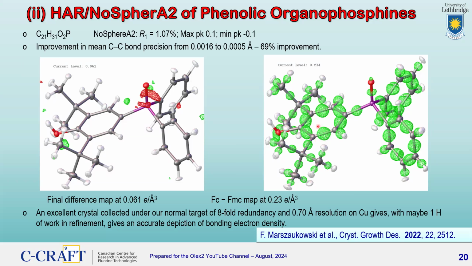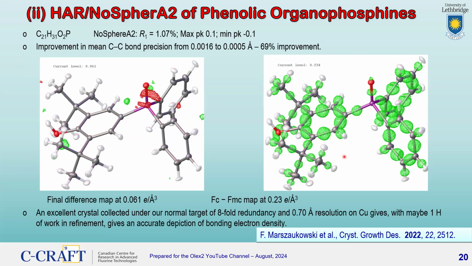You can see these pi bonds in the aromatic ring are displaced in this direction, whereas the ones in the alkyl bonds here are more cylindrical around the atom. We also see the lone pair on the oxygens, etc.